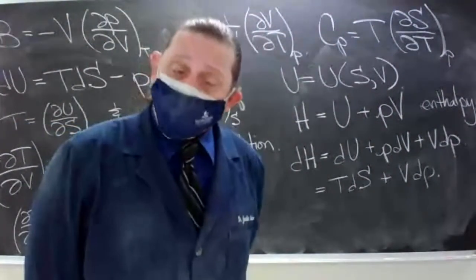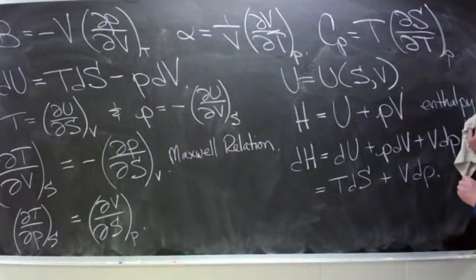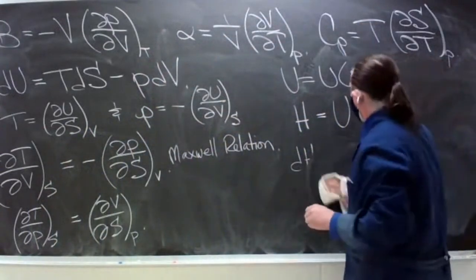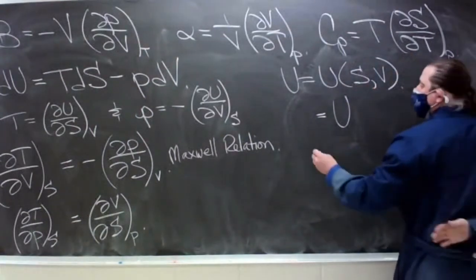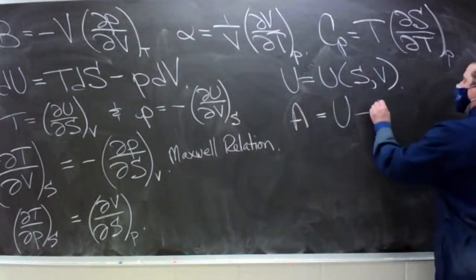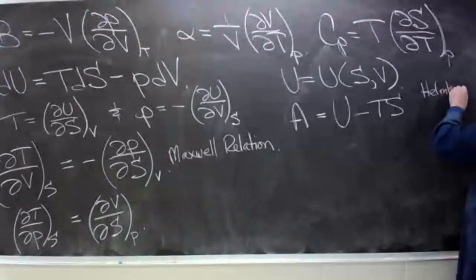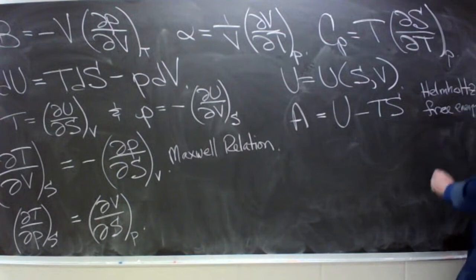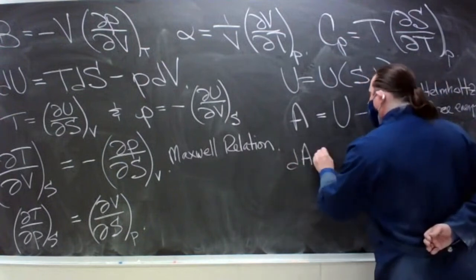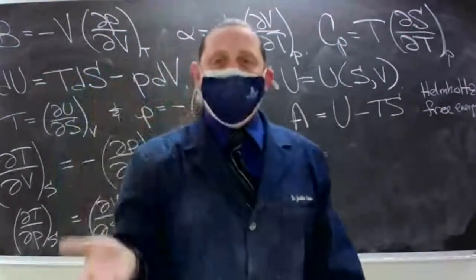The Helmholtz free energy, which is defined like this, and has a differential that switches the conjugate temperature and entropy.